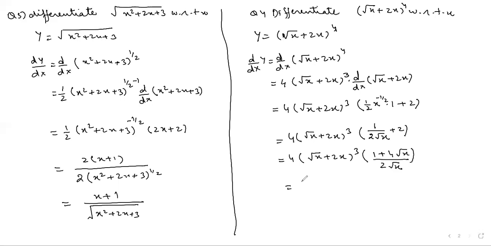And the final answer is 2 under root x plus 2x power 3, 1 plus 4 under root x divided by under root x. We will cancel this 2 with 4 and we will get 2 in the numerator. This one is x. So this one is the way in which we can differentiate a compound function.